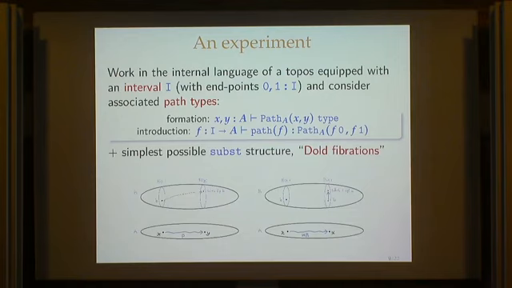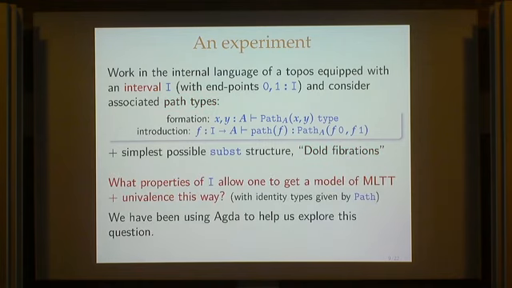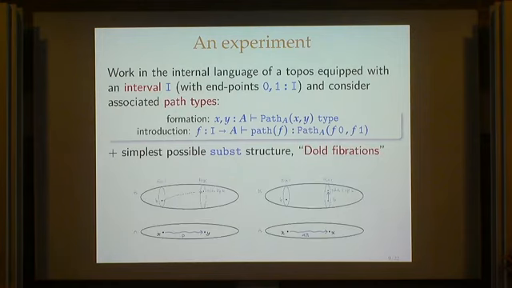Okay, so vibrations for us, in this talk anyway, will be simply that you have a transport function, and when you apply that transport function to REFL, you get something where there's a path from the original thing back to that. So the question then is what properties follow, if you go with me on that.